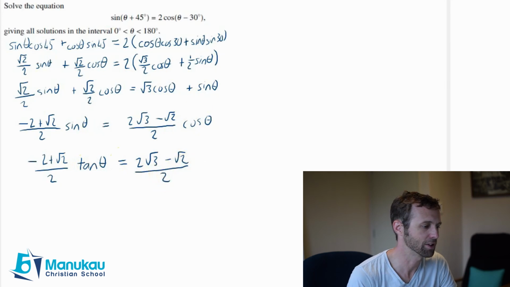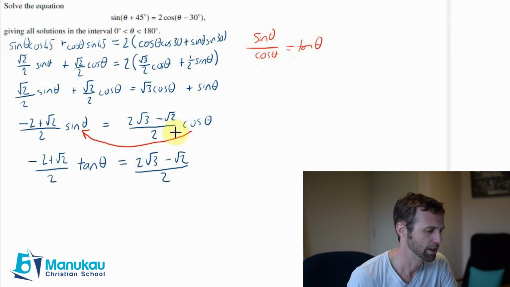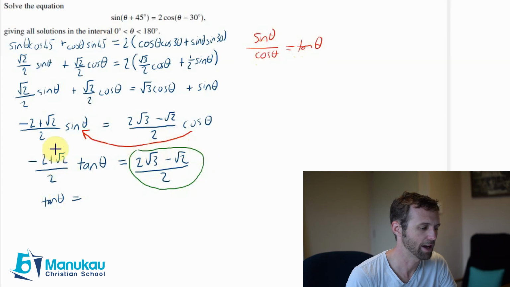So what I've done there, just in case you missed that, is this, because you know that sine theta over cosine theta is equal to tan theta. Okay, now at this point we want to get the tan theta by itself. So tan theta, what's that going to be equal to? Well, it's going to be equal to this here divided by this here.